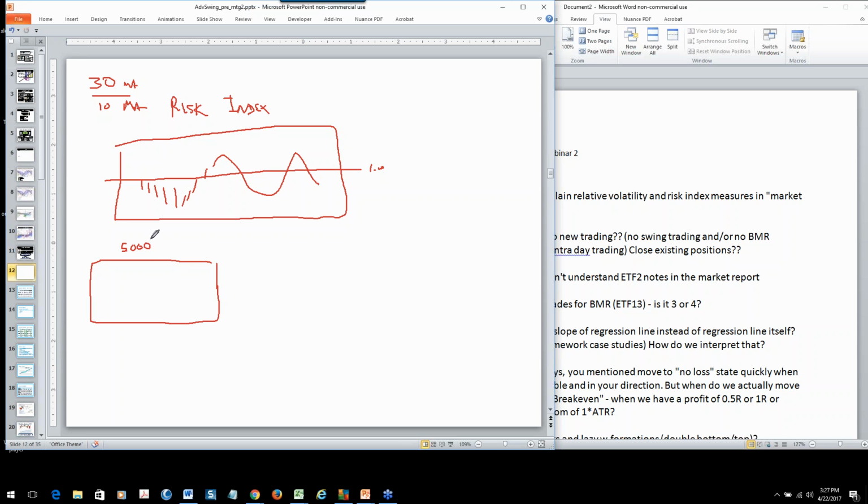I wanted a long-term indication of what that risk index has done over time. So I looked back 5,000 days, and I found the average, and I found the maximum. What was the biggest number it ever had? What was the smallest number it ever had?